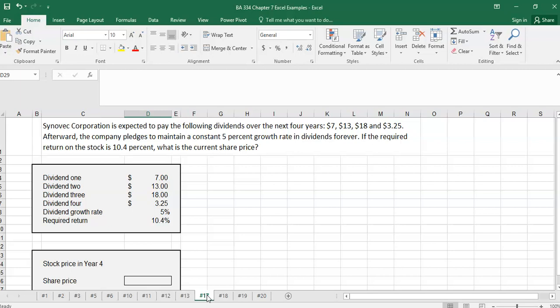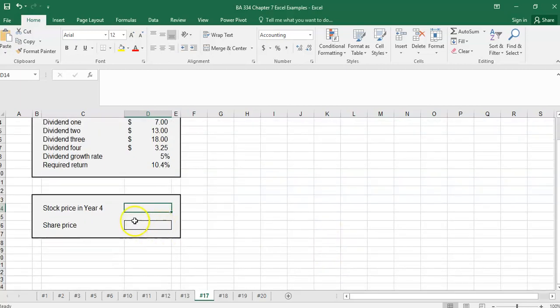So what we have to do is first, we have to calculate the stock price in year 4 using the constant growth model. And then we need to do the present value of each of the dividends to get the share price for today.